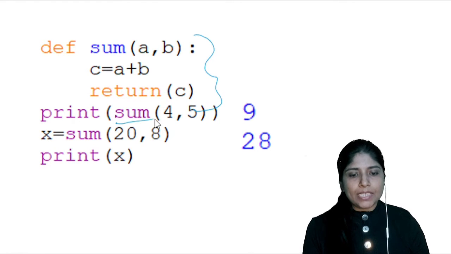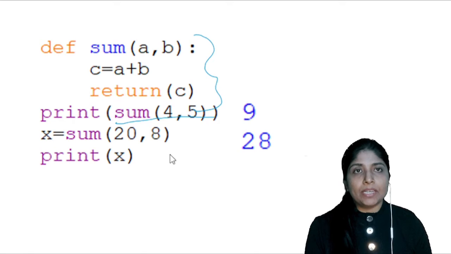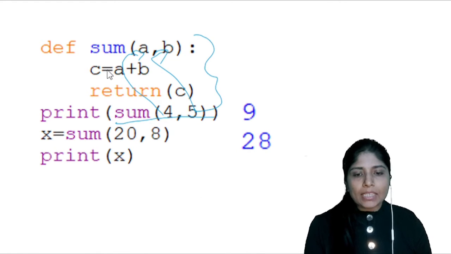Inside a print statement, I am calling this function with values 4 and 5. So 4 will be copied into a and 5 will be copied into b. And this function will produce 4 plus 5, that is 9, and that value will be returned to this statement. So the output printed by this print statement is 9.